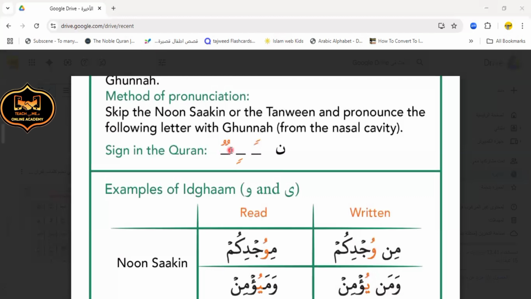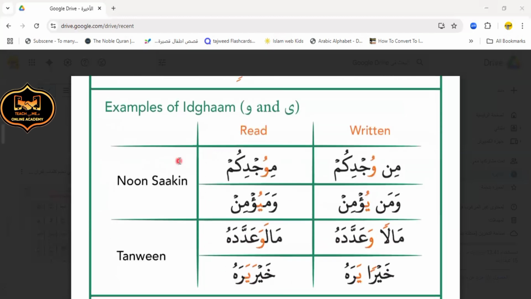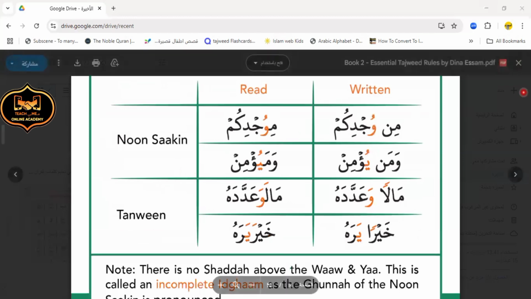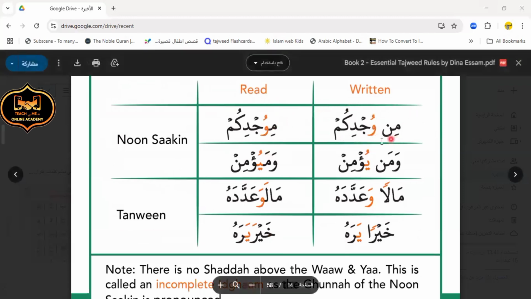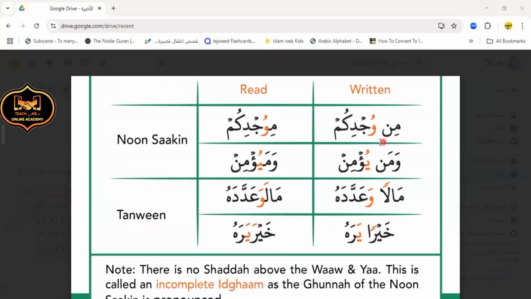Okay, let's read some examples so we know how to pronounce the idgham rule. You will find the example written like this, but we read it like this. Min wujdikum. Note, we have to count the ghunnah of idgham.